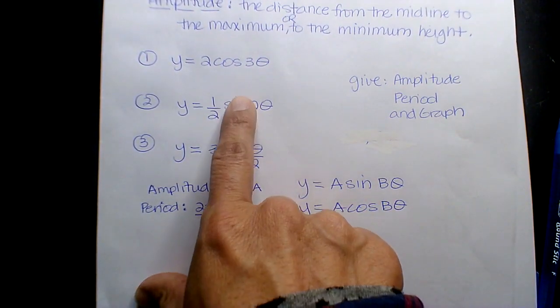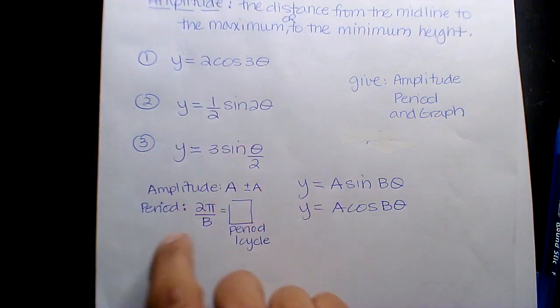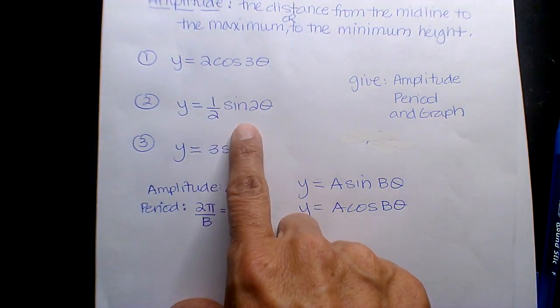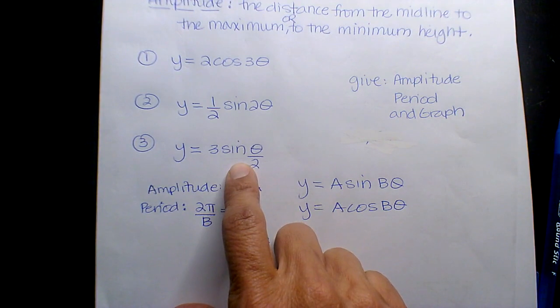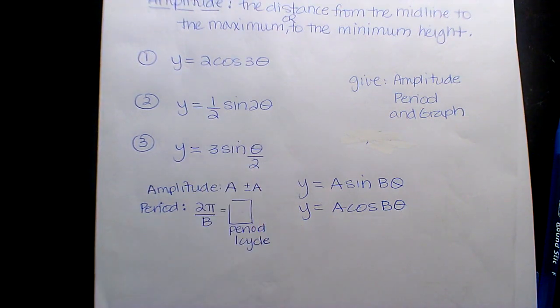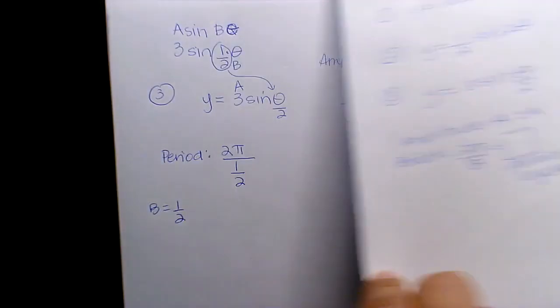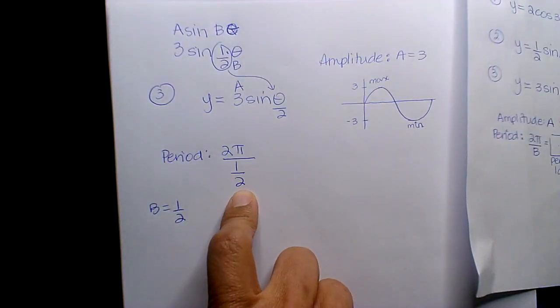So what's your B value here? 3. What's your B value here? 2. What's your B value here? Theta over 2. But we don't count the theta. Just 1 over 2. And then that's where you got the 2 from. Can you show me how you got 2 for B on the second problem?